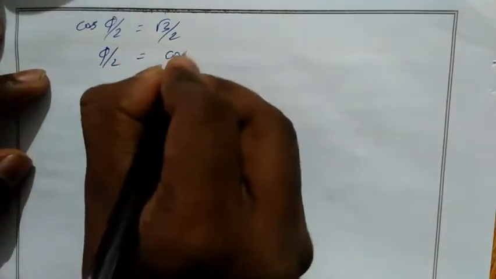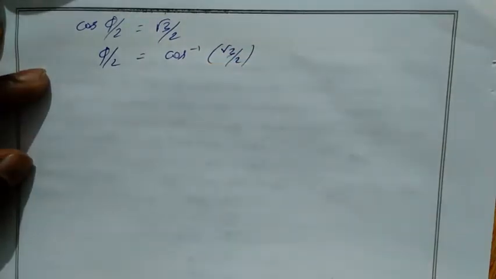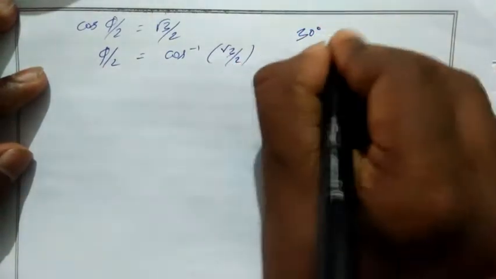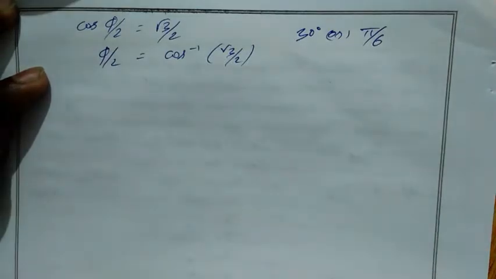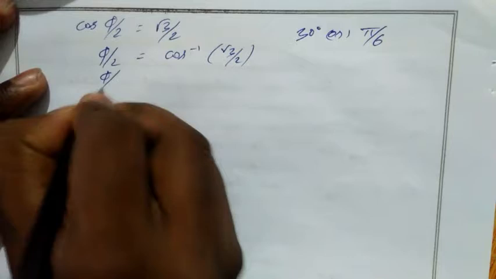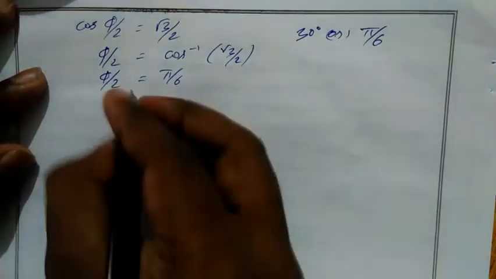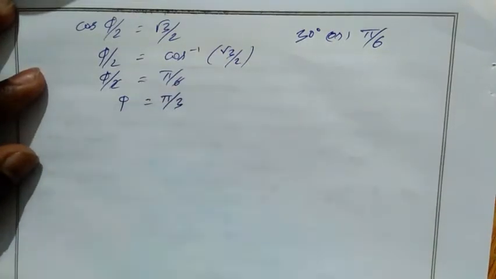Then take cos to the right hand side, it will become cos inverse of root 3 by 2. So for which value do we have root 3 by 2 in cos? For 30 degree, or we can write pi by 6. Pi by 6, 30 degree, both are same. So for pi by 6 we will get root 3 by 2. So I can write phi by 2 equal to pi by 6. Then phi equal to, 2 and 6 get cancelled, it will become pi by 3.